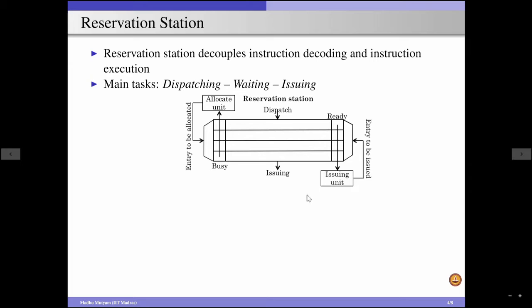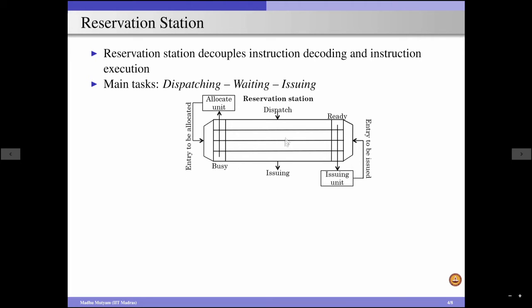So, that is the role of this issue unit. The allocate unit always keeps track of busy bits to identify a free entry in the reservation station, and the issue unit always keeps track of ready bits to identify the ready instruction to be issued to the execute stage. If the instructions do not have their operands ready, then they will just be waiting in the reservation station itself.